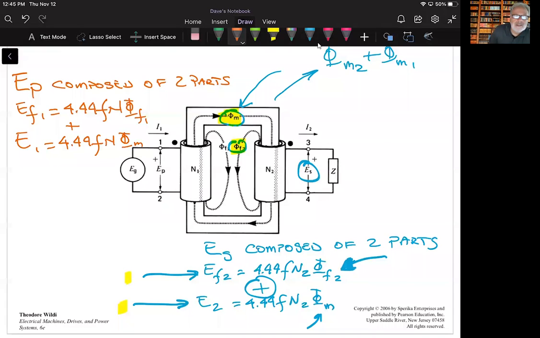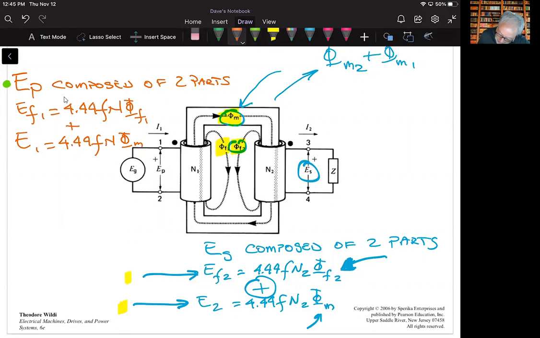Okay, we also want to look at the primary side, and we want to understand that E sub P is also composed of two parts, okay? E sub P is composed of a voltage that is created because of this leakage flux given here, and that, of course, is that part of it.